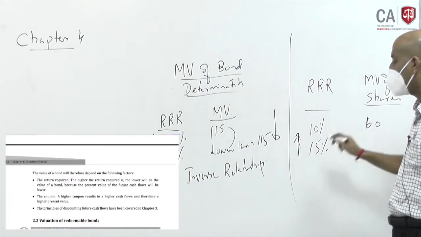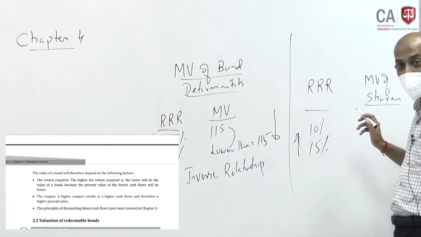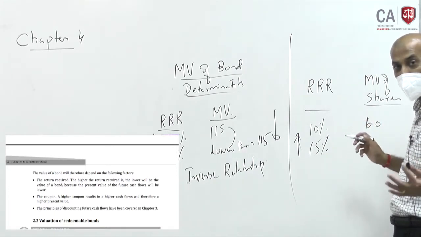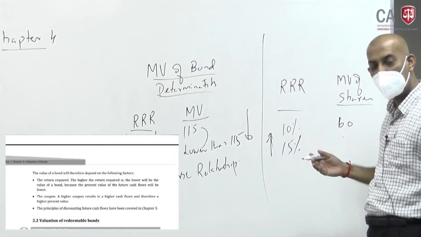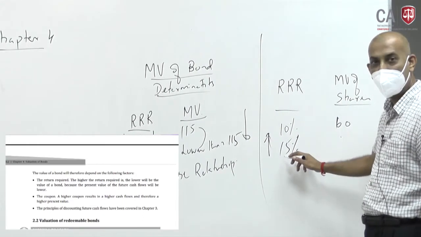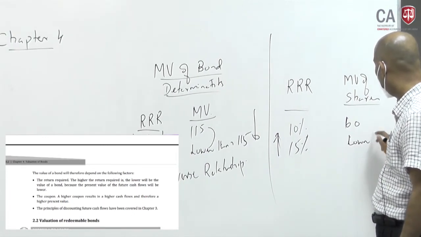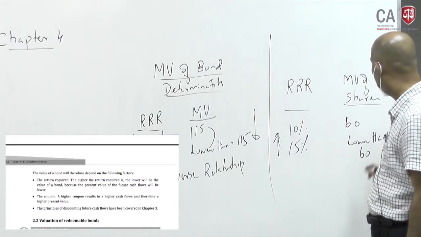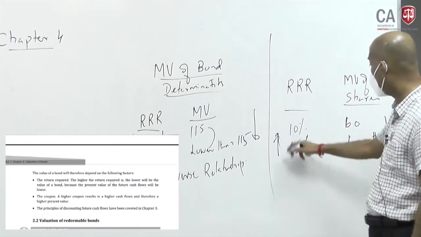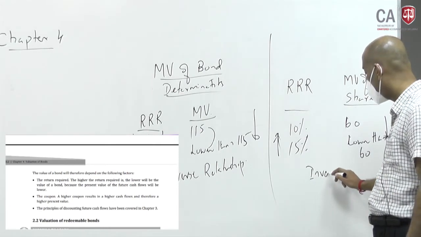Then market value, what happens? Same dividend cash flows in my shares. 60 rupees, since my return requirement has gone up, I am going to discount the future cash flow at a higher rate. That means your market value will be lower than 60. So what is the relationship? This is going up, this is coming down. That is again an inverse relationship.